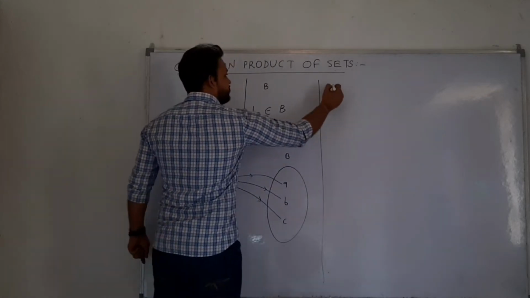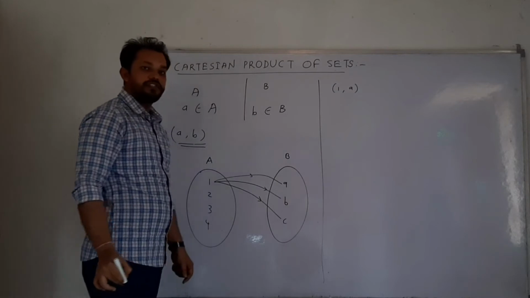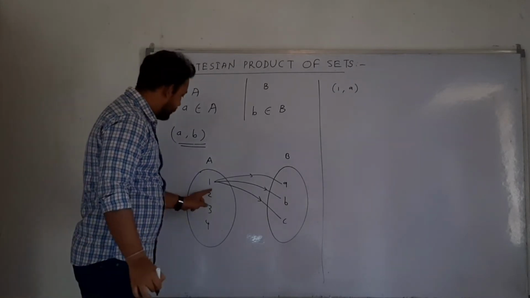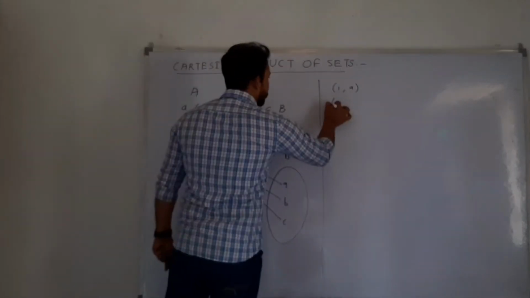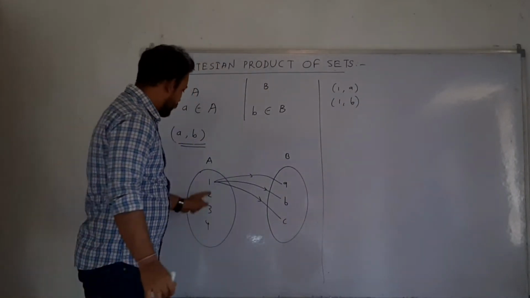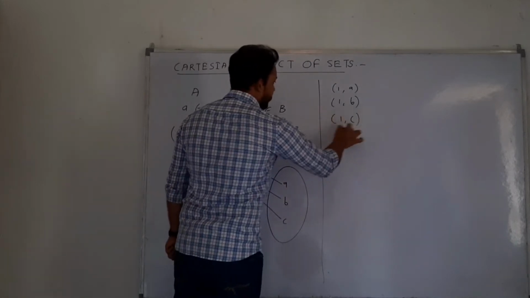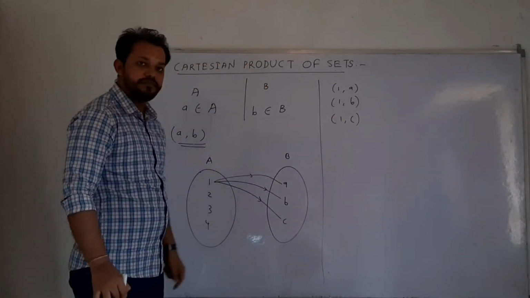The first one is (1, a), the second ordered pair is (1, b), and the third ordered pair is (1, c).